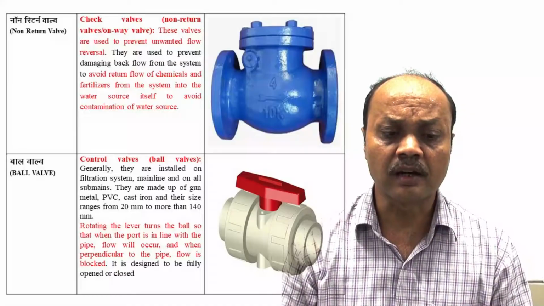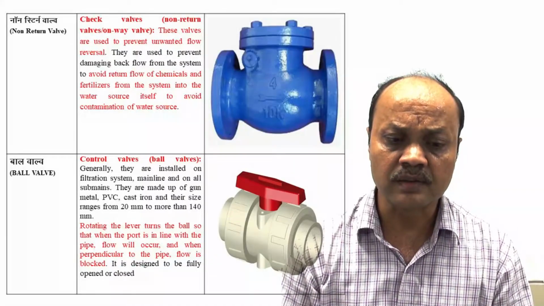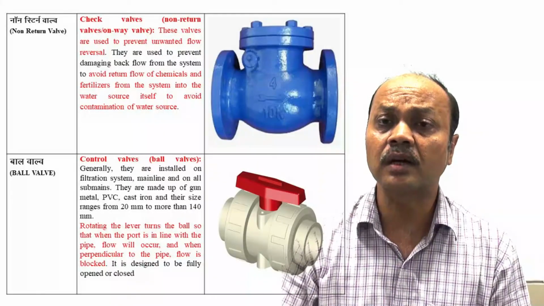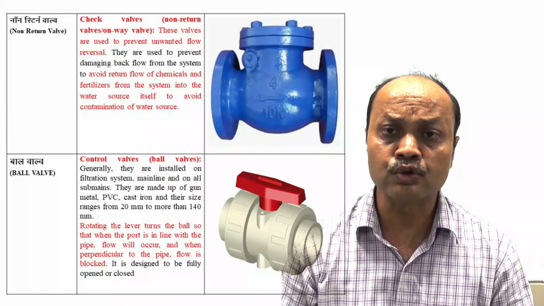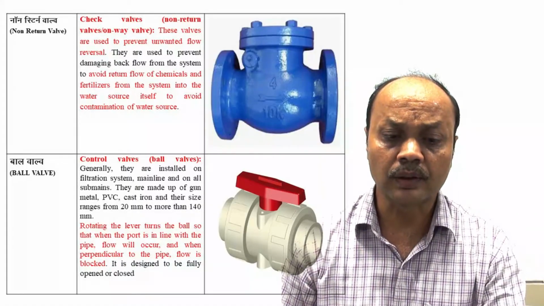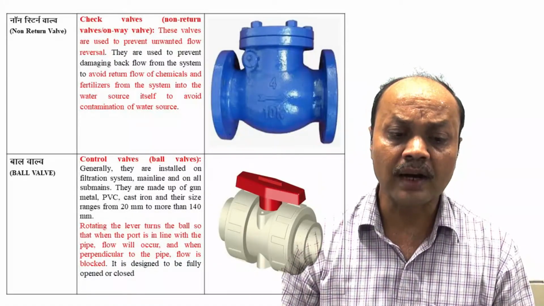Then there is a non-return valve. Non-return means one way; you can also call it a check valve or one-way valve. These valves are used to prevent unwanted flow reversal.